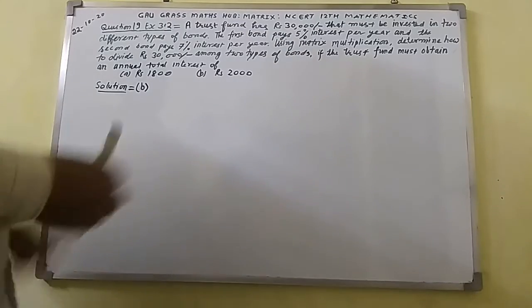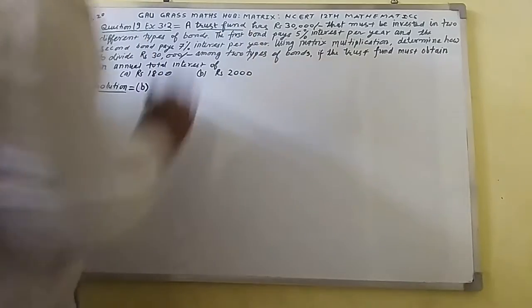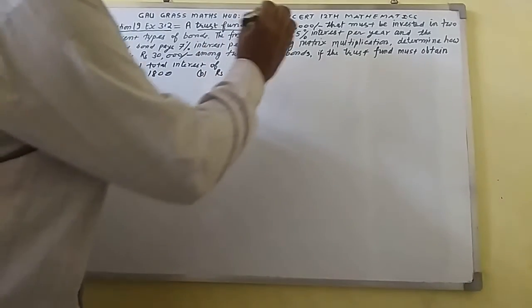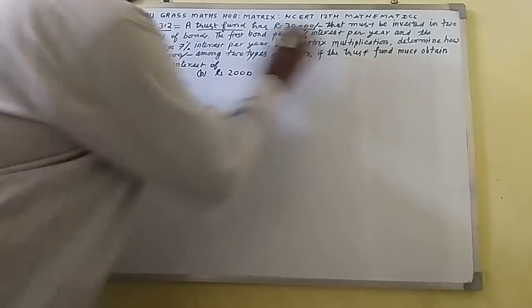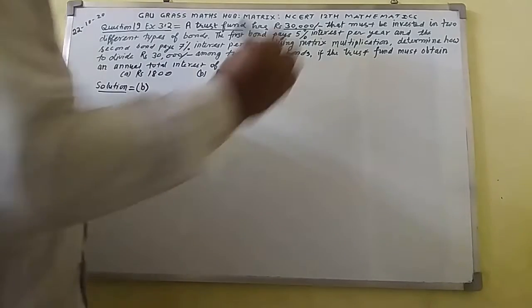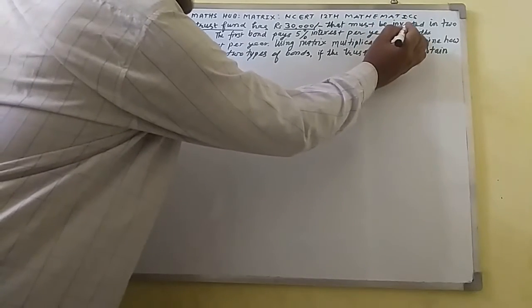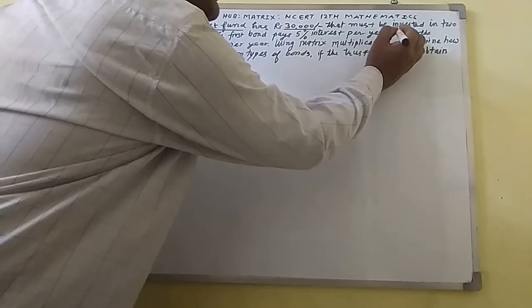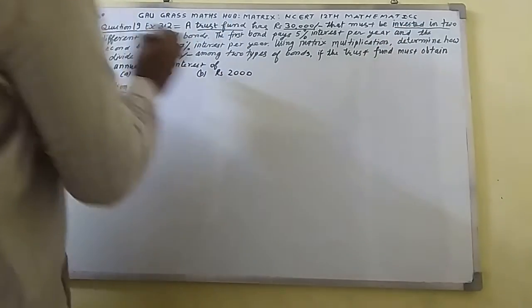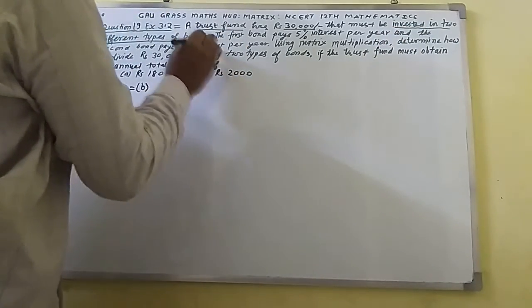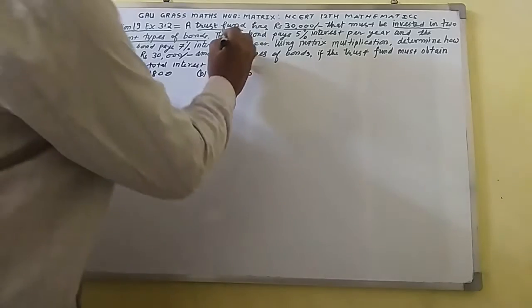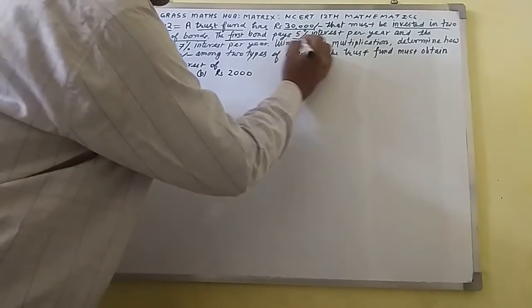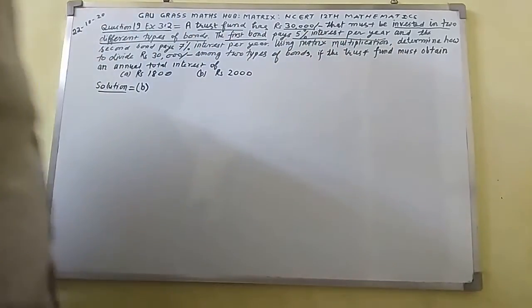Here it is given the trust fund has rupees 30,000. 30,000 rupees must be invested in two different types of bonds. The first bond pays 5% interest per annum.